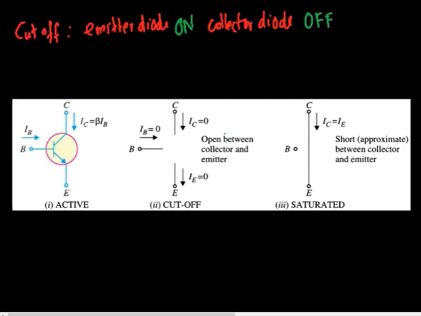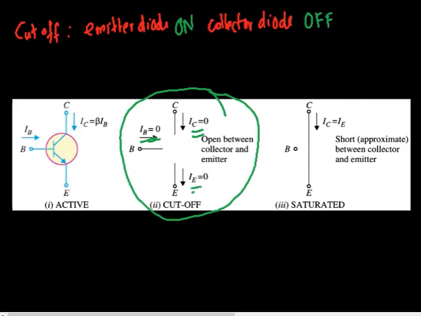So you can see this diagram. This one represents the cutoff, that is IB equal to 0. When IB is equal to 0, there is no collector current, IC will be 0, so there is no emitter current, that is IE is also 0. So the transistor will be open, with no current flowing through the circuit.